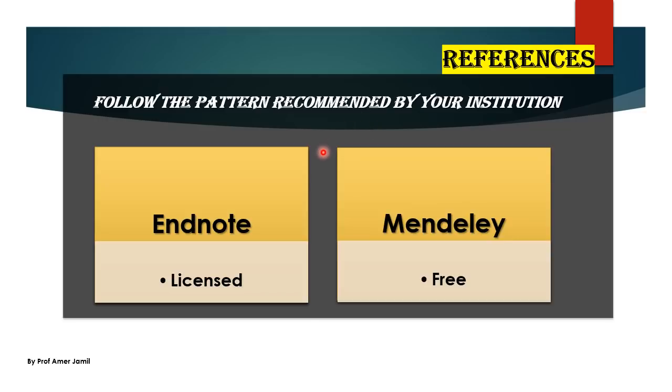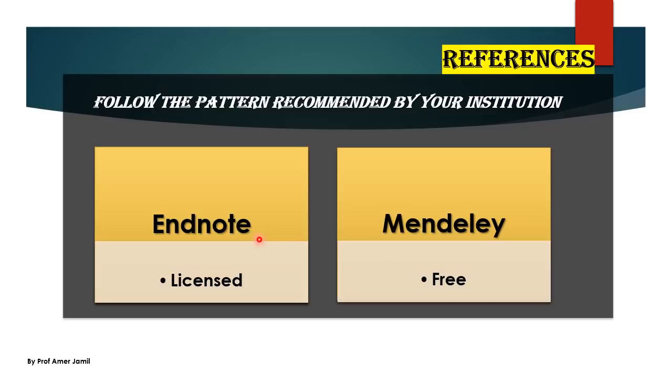But the good way to write down these references is to use software like EndNote, which is licensed, but you can also use Mendeley, which is free up to a certain level. So these are two examples, but there are many other softwares available for incorporating references, and there are certain tutorials available on how to use them.